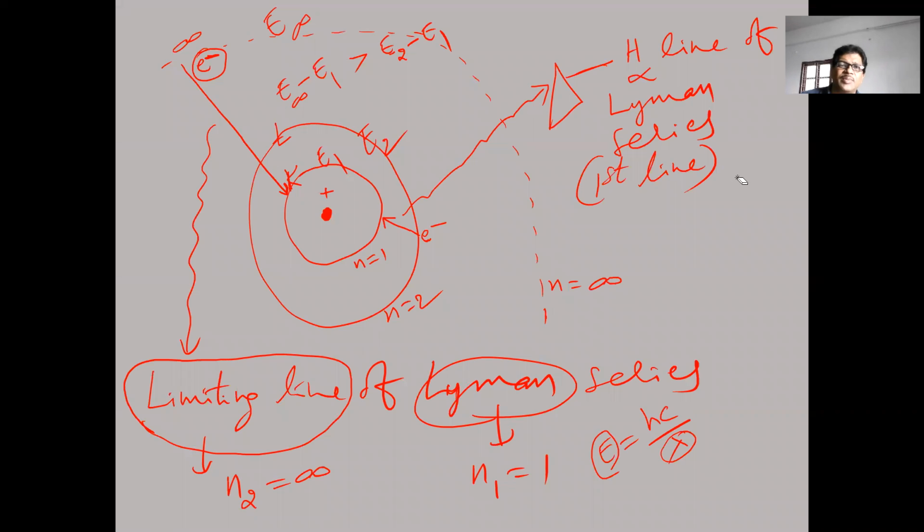Let's take a screenshot of this one. Now, from the above discussion, tell me: is the wavelength of the H alpha line longest or shortest?